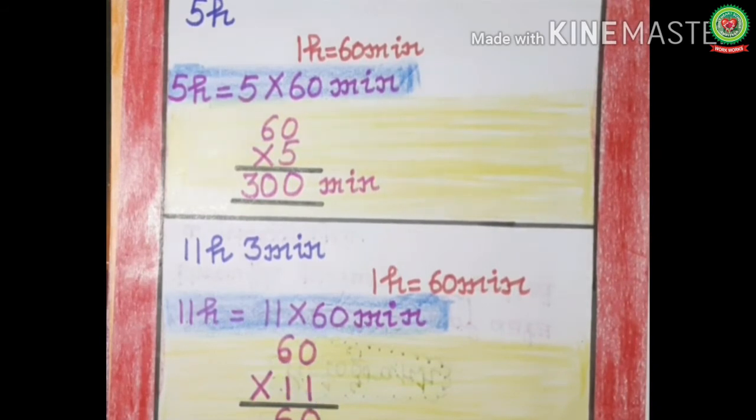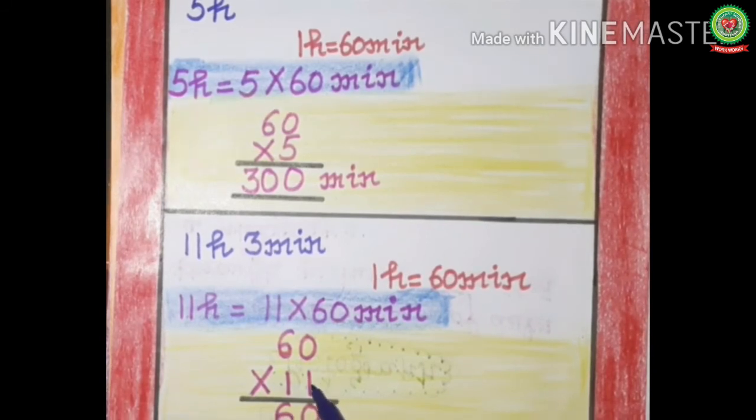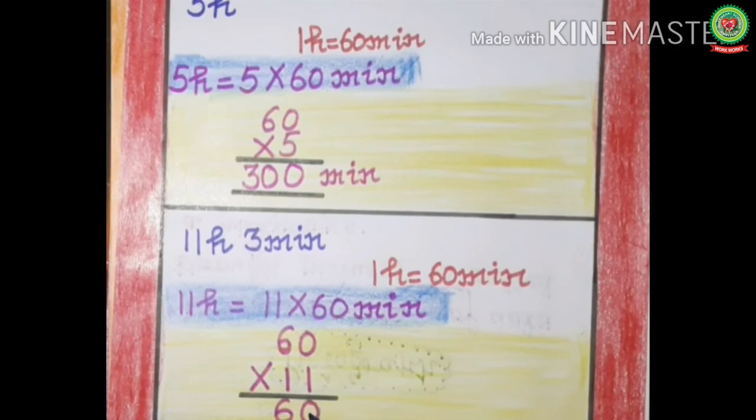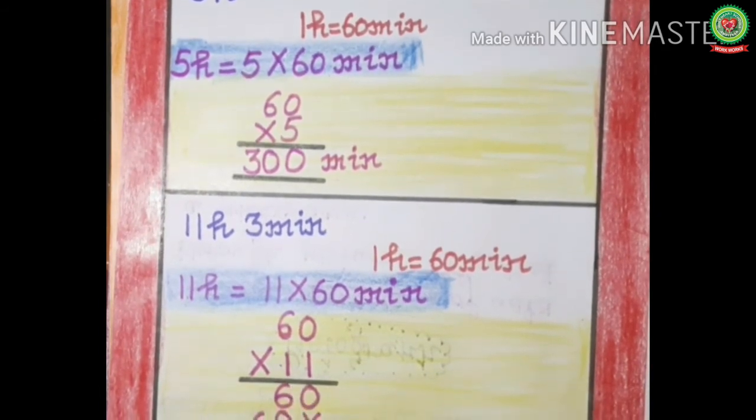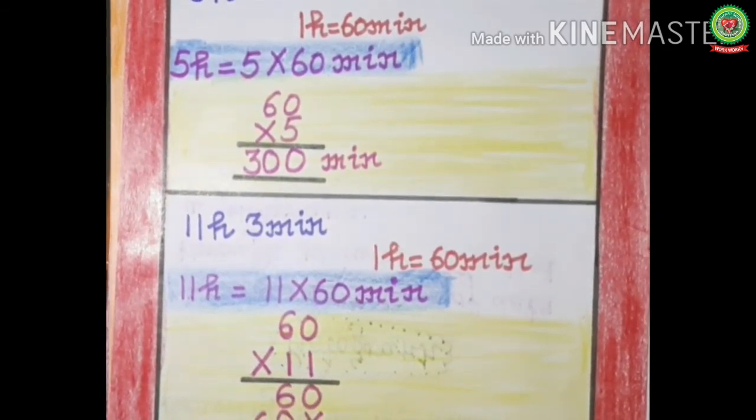Now, let's do the multiply. 1 zero is 0. 1 six is 6. Now students, this is double multiply, so we will put one cross. Now we will multiply this one with the complete number, that is 60.